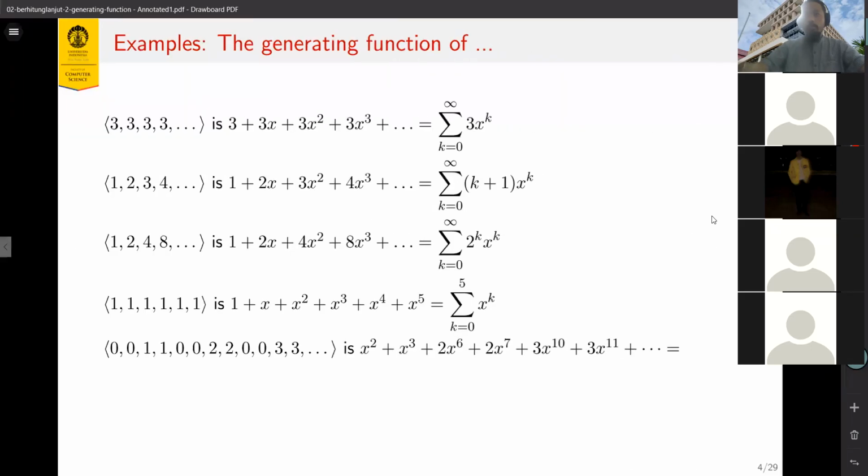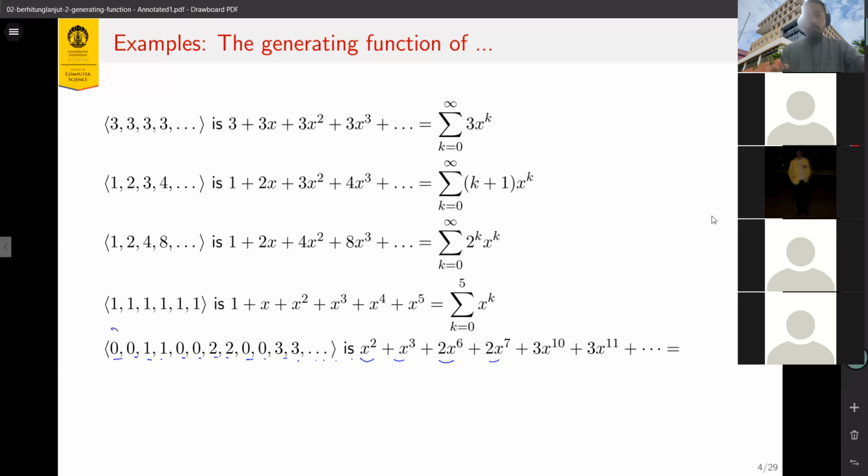What about this one? This one is 0 0 1 1 0 0 2 2 0 0 3 3, and then what you could guess, of course, next is 0 0 4 4, and then 0 0 5 5, and so on, right? Now the generating function is x squared plus x cubed plus 2 times x to the power of 6 plus 2 times x to the power of 7.